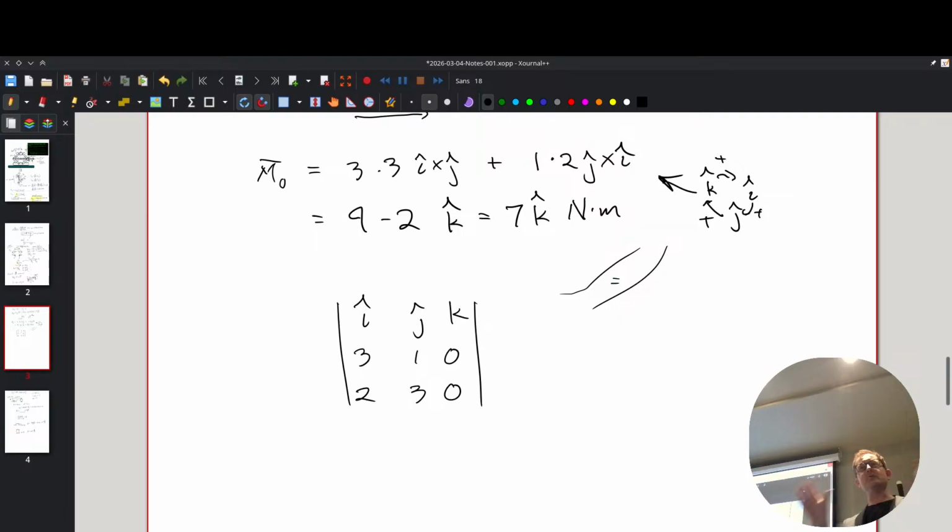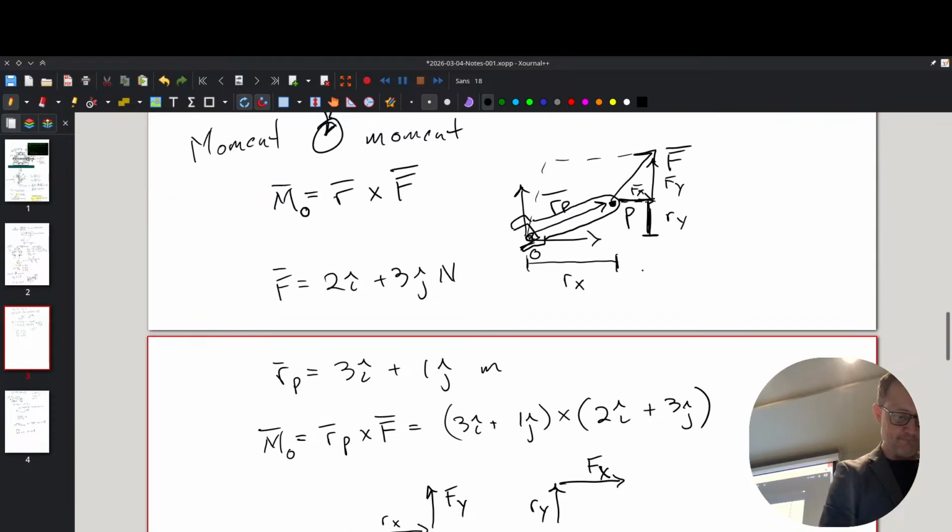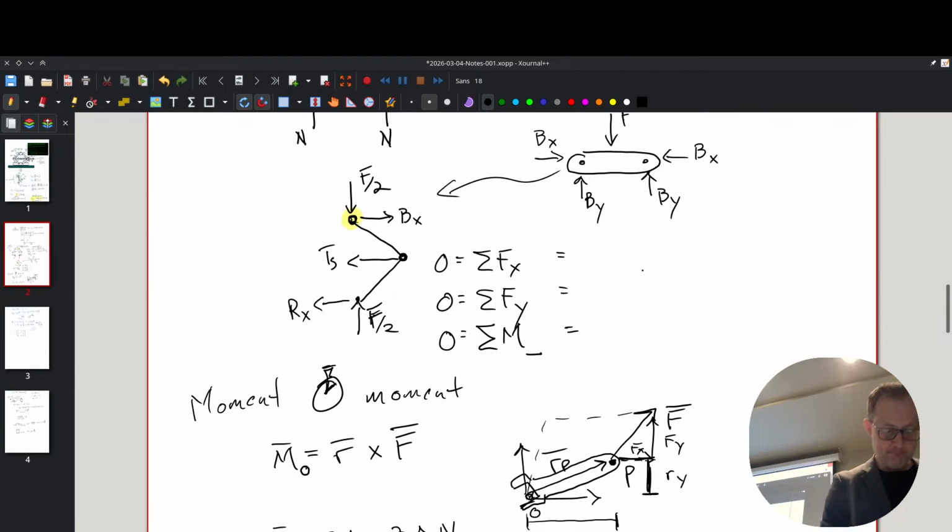I avoid doing big 3x3 determinants just in general. It's a life choice. And I brought that up because a lot of people were avoiding this moment equation. But we got this.